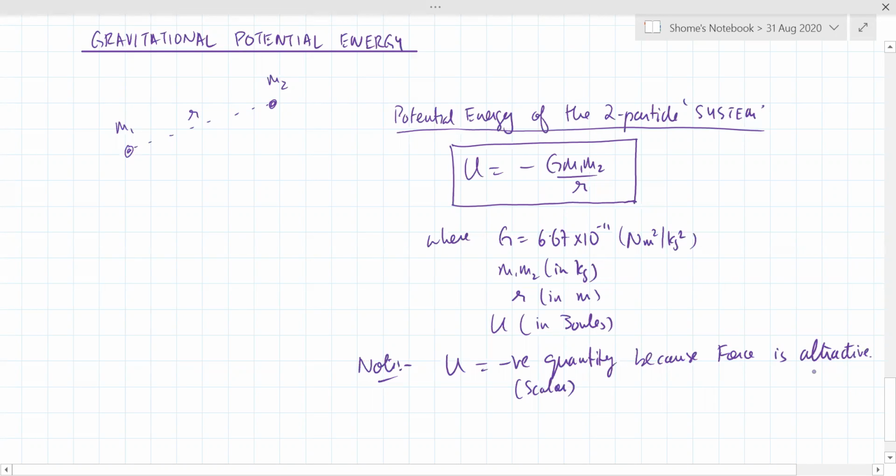So whenever a system has attraction force, it has stability. So it has high stability means it has negative potential energy. Whereas we will see in electrostatics later that like charges repel each other, like protons and protons repel each other, or electrons and electrons repel each other. So whenever a system has repulsive forces, it has low stability and therefore it has a high value of potential energy.